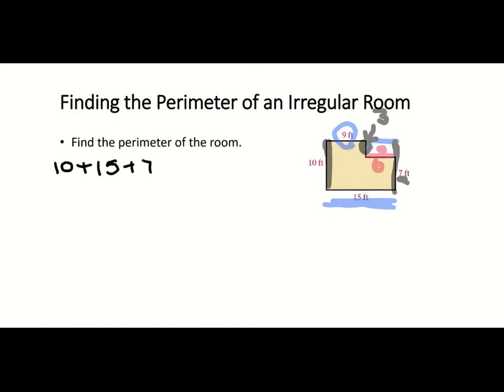So if I continue going around adding my numbers, I have 7, then I would have 6, and 3, and then 9. And I would add those all up together.